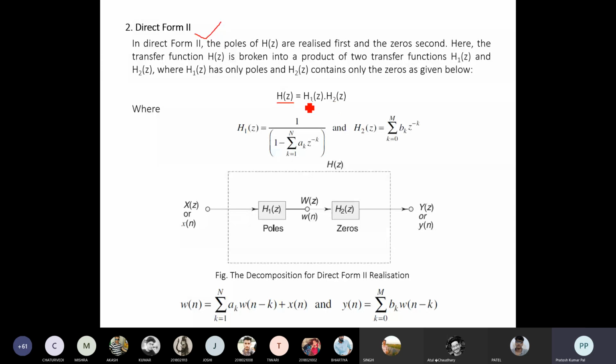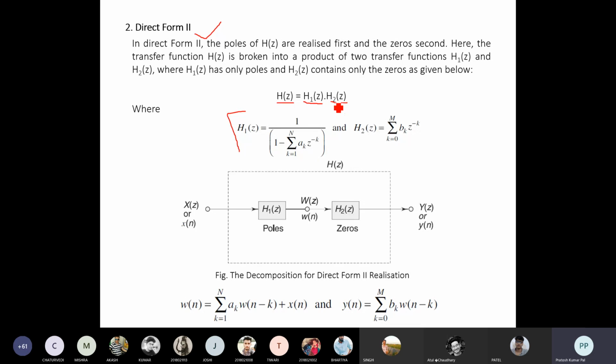The first term gave you the zeros in direct form 1, and the second term gave you the poles in direct form 1, but the opposite will be in direct form 2. In direct form 2, the first term, H1z, will be representing the poles. The poles are the terms written in the denominator part.